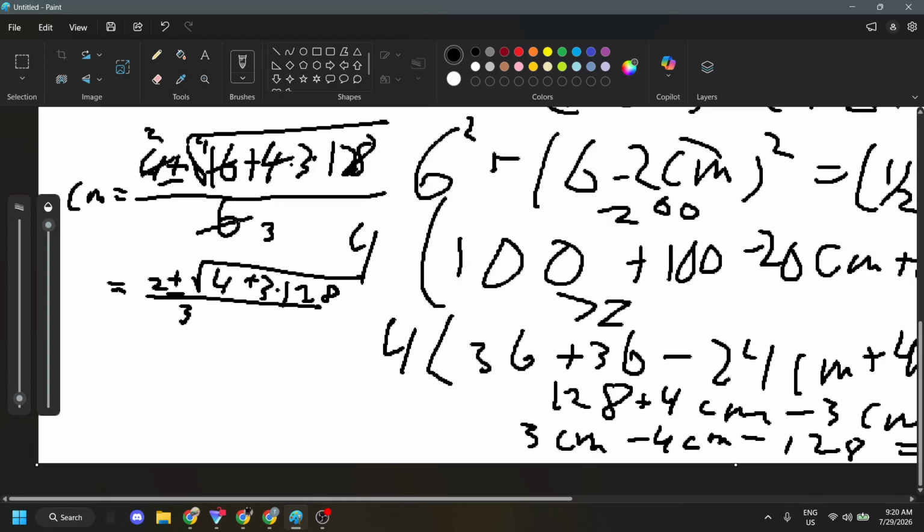Yeah. 384. So 388 is this. So it's equal to 2 plus the square root of 388 over 3.